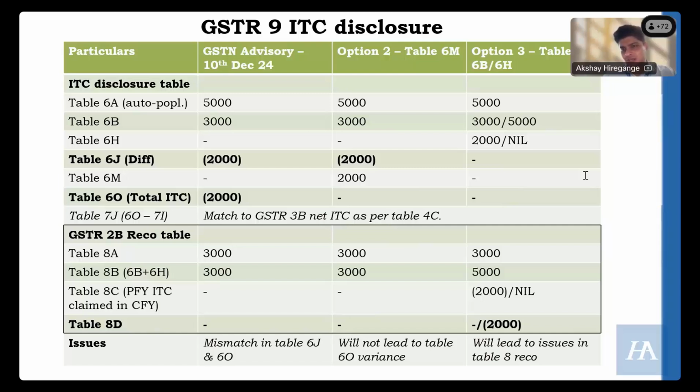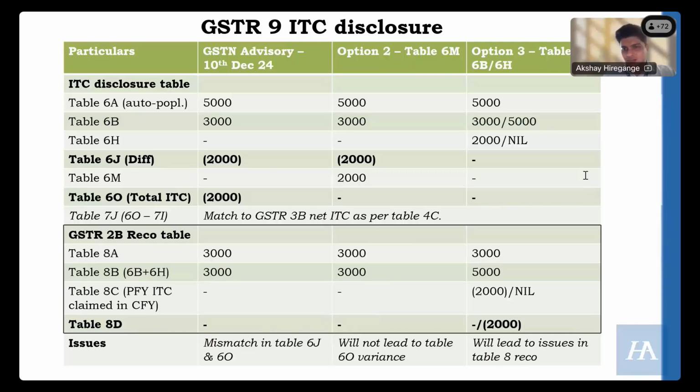So only with respect to ITC disclosure, this question is arising. To this extent, we can show it in table 13 because I assume that the credit entry would have been passed along with the payment entry. And to this extent, it's a transaction of 23-24, which is claimed in 24-25.